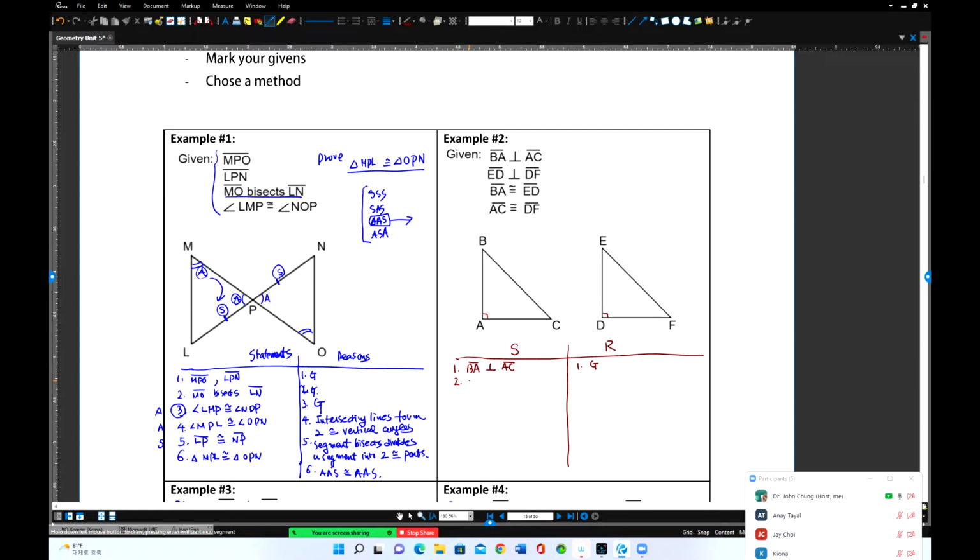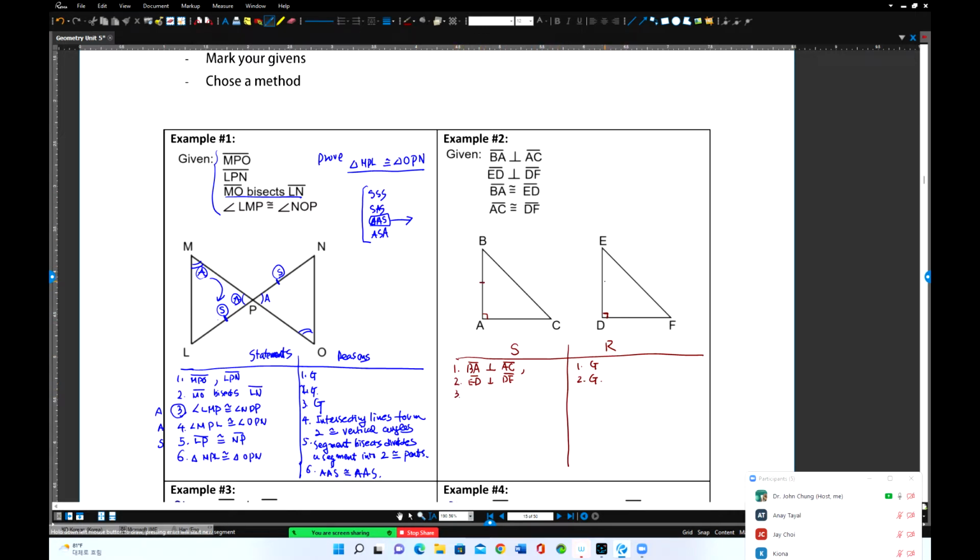Second one, ED perpendicular DF. You can put it in the same column because both are perpendicular, but I'm going to separate them, it doesn't matter. ED congruent DF. Both sides are congruent. And third one is BA congruent ED.